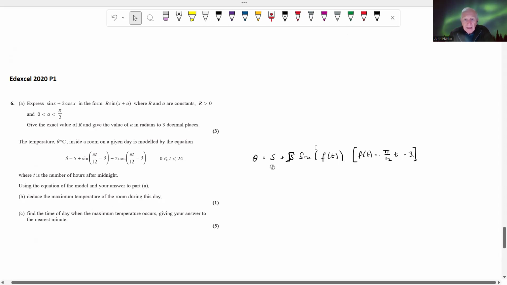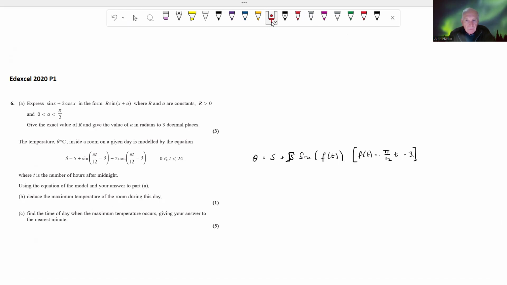But perhaps more significantly is what's happening here with this function. Our coefficient of t is pi by 12. So that doubles the cycle time, which gives us a full cycle of 24 hours.